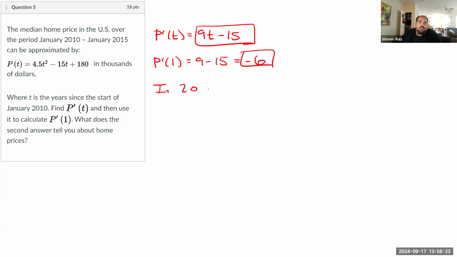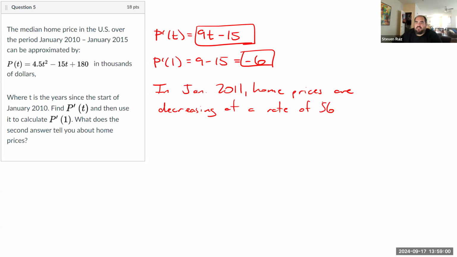So in 2010, no, not 2010, in 2011, I should be even more specific, in January 2011, home prices are decreasing at a rate of, is it $6 per year? No, $6,000. So $6,000 per year.